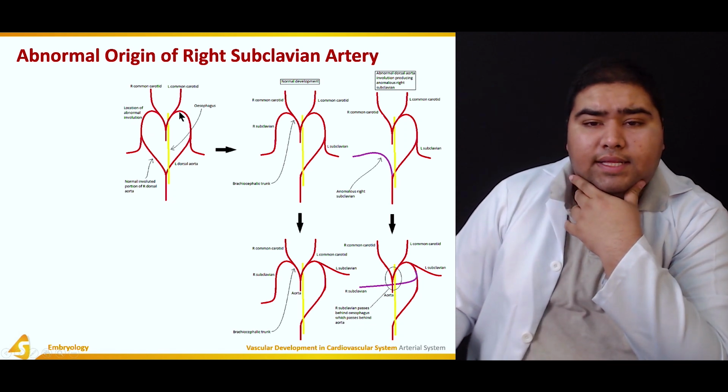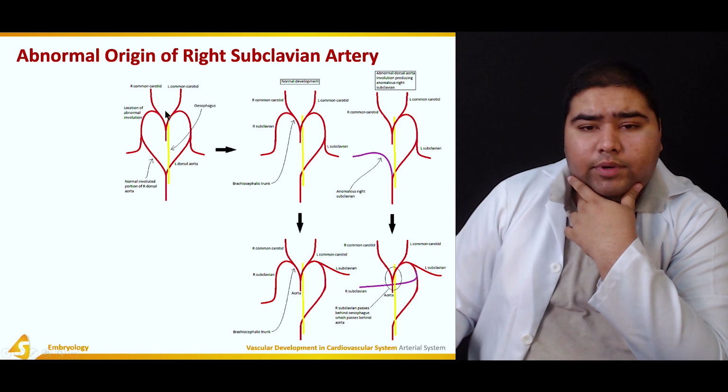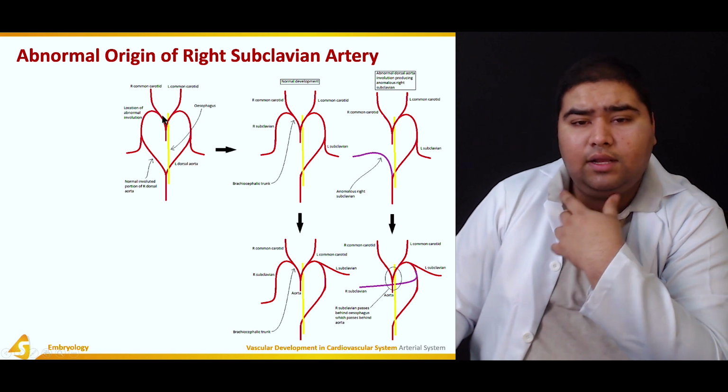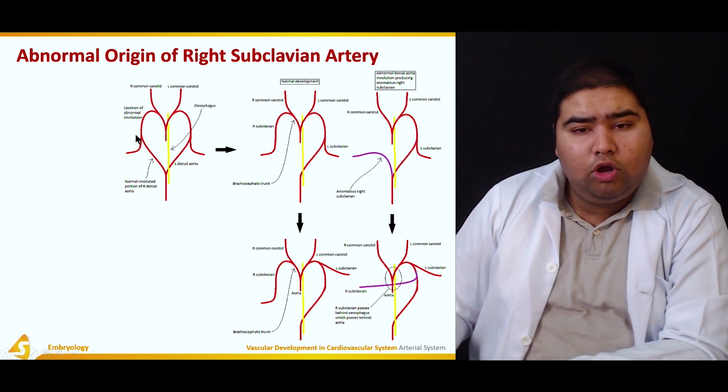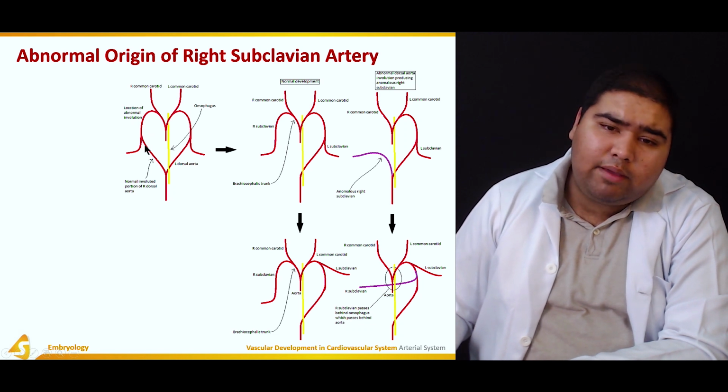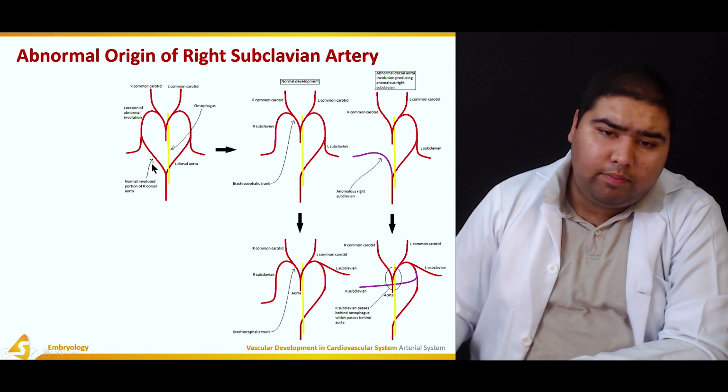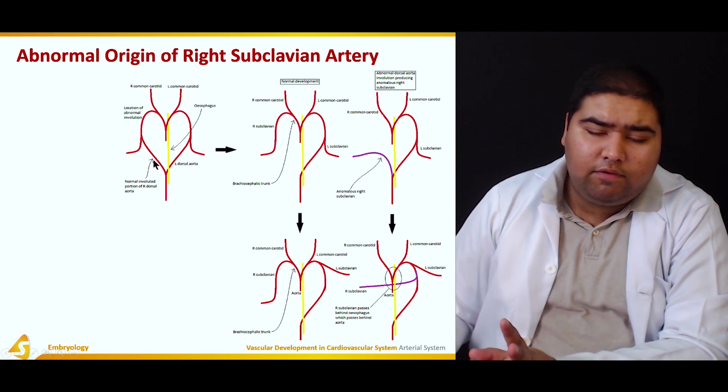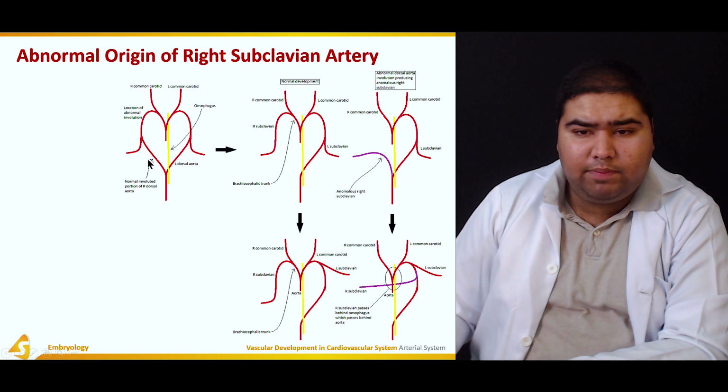Here you can see this is the left common carotid, the right common carotid. This is the brachiocephalic trunk. This is the normal location of the right subclavian artery. This segment is supposed to obliterate. Involution of this segment normally takes place to form this adult structure.